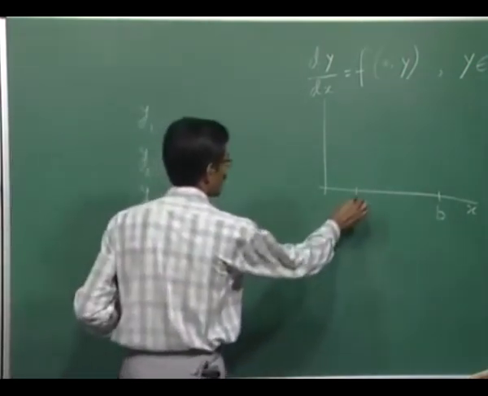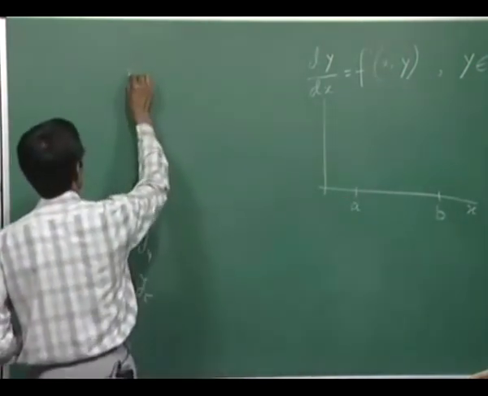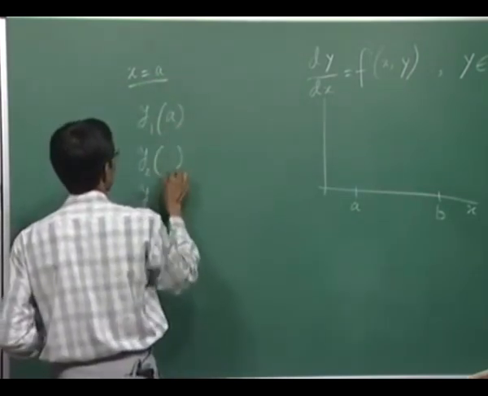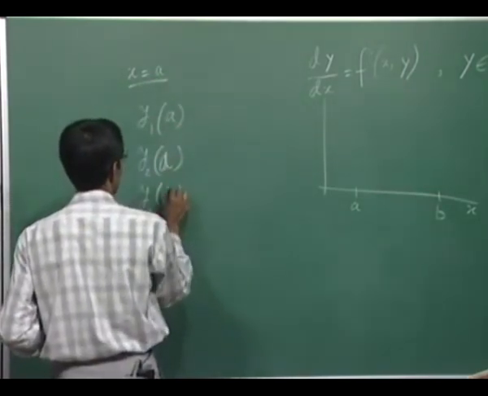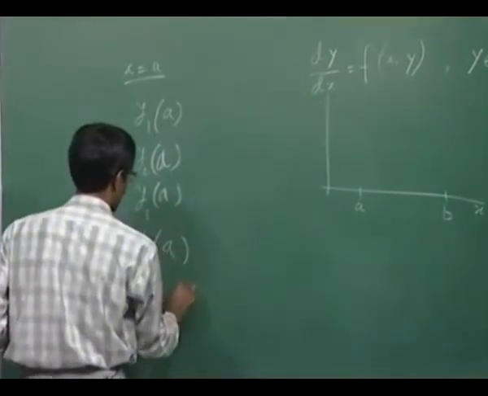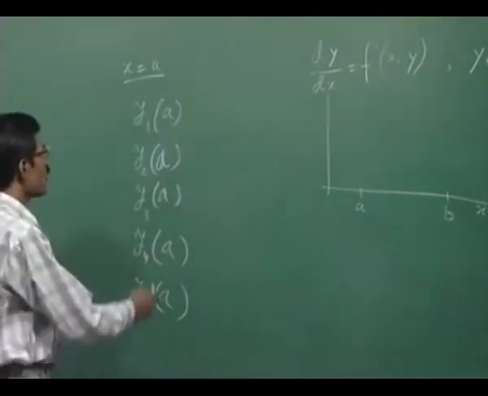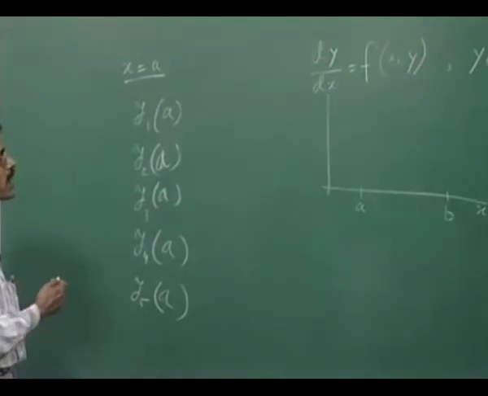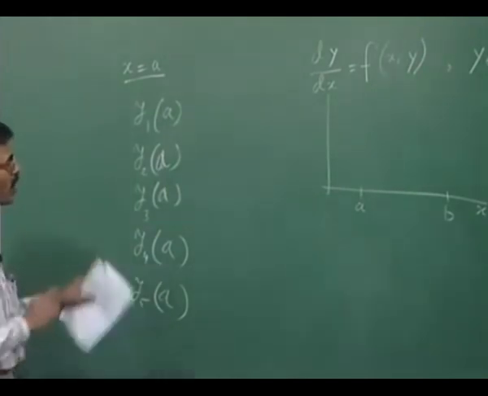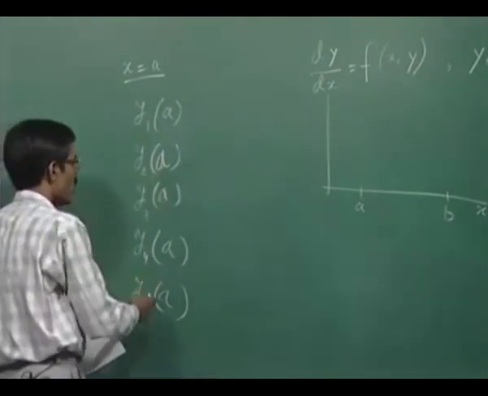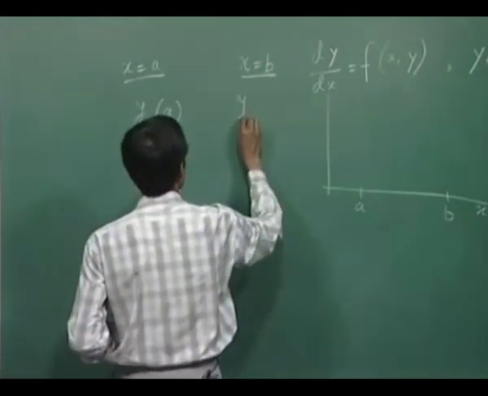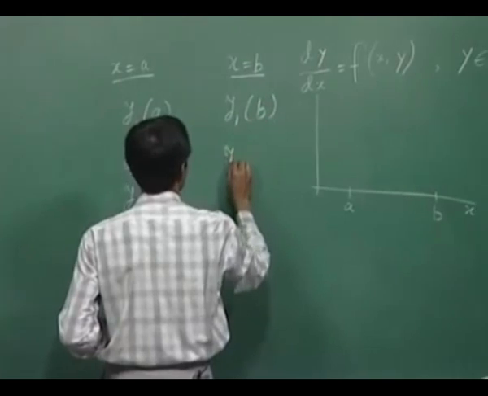Now, at x equal to a, these are the values. If all these 5 values at x equal to a are given, then it would be an initial value problem. Now, in this particular case, suppose at x equal to a, all values are not given, but then at x equal to b, some values are given.